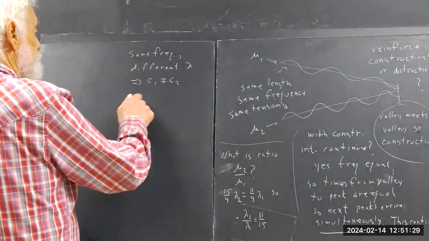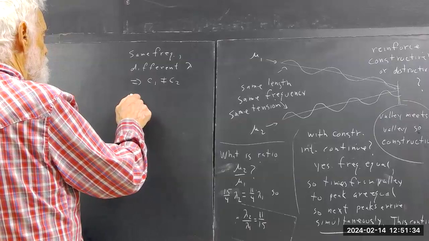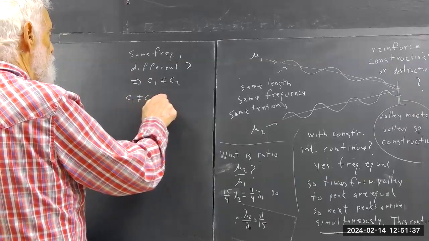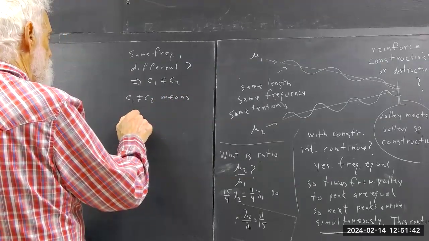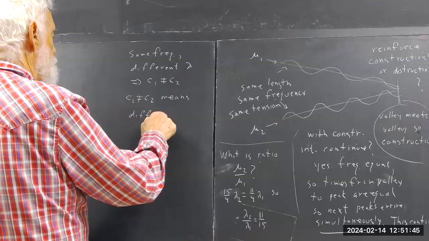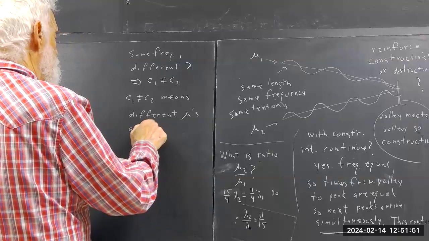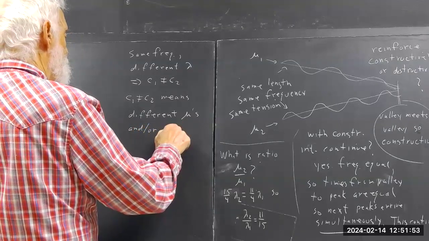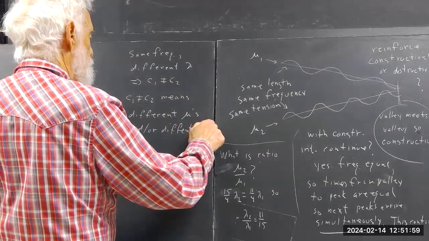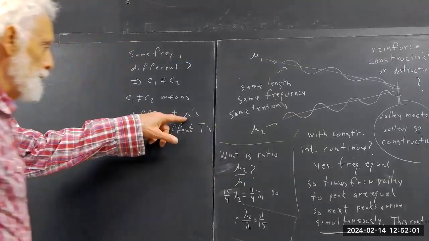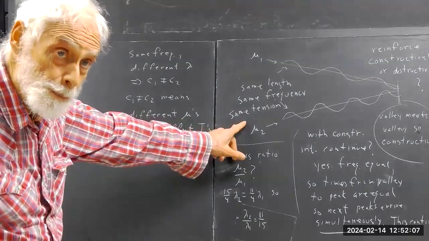Well, if the speeds are different, how can they possibly be different? Different mass densities or different tensions, right? No, I said the tensions are the same.